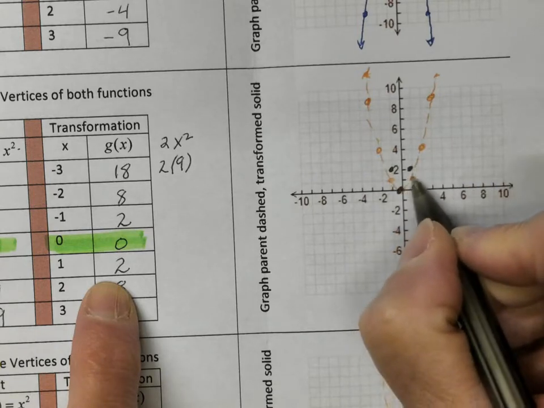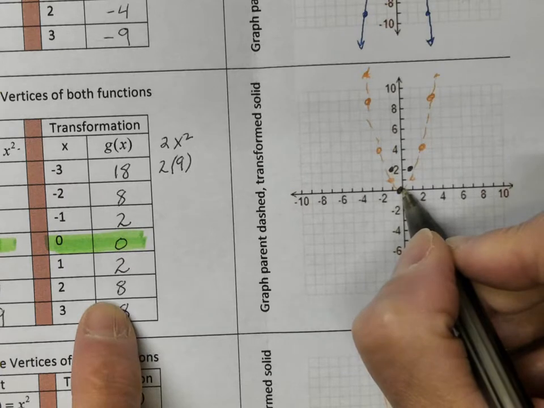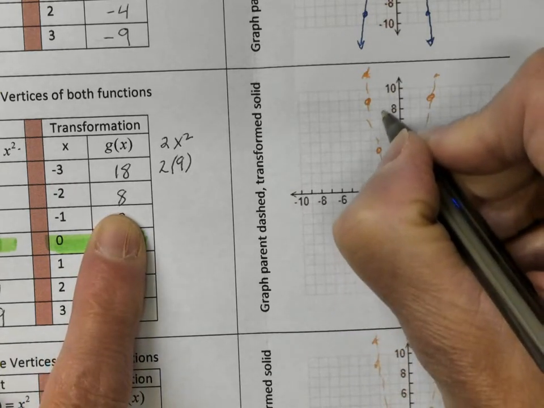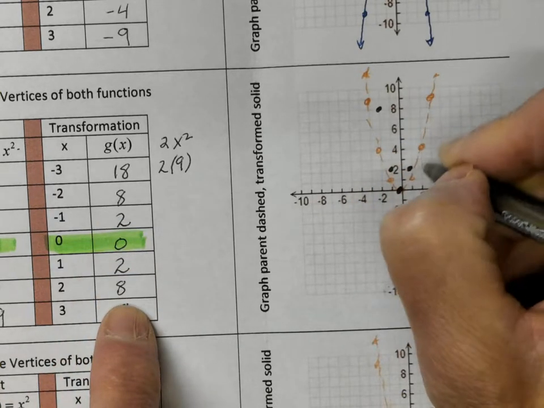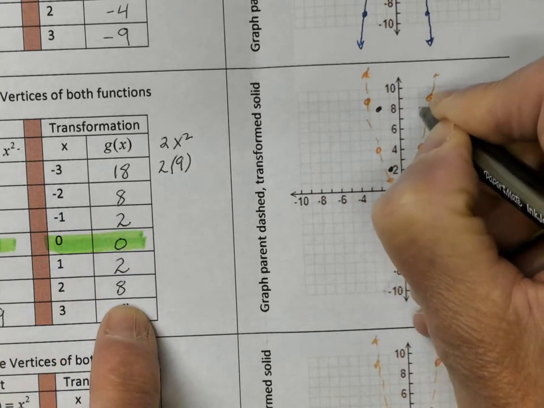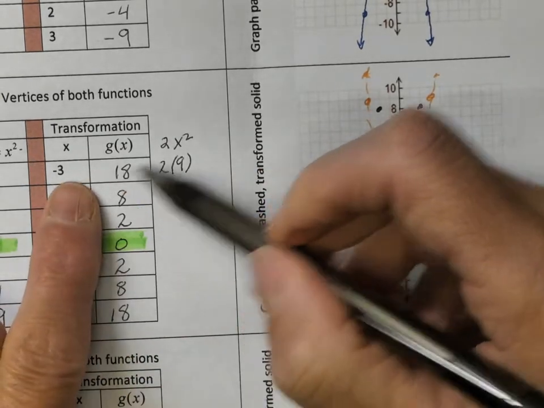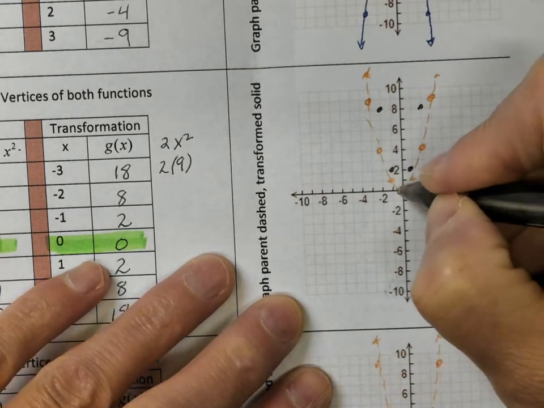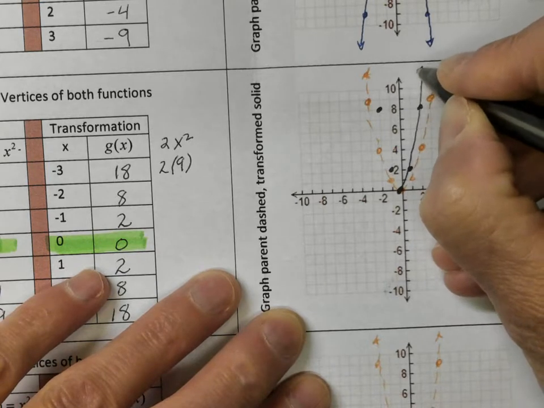Notice how those points are inside my parent function. So my function's gotten skinnier. At -2, I have 8. And at 2, I have 8. I cannot plot -3, 18, because 18 is way up here somewhere. It is off of my graph.